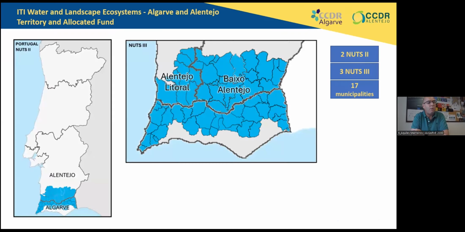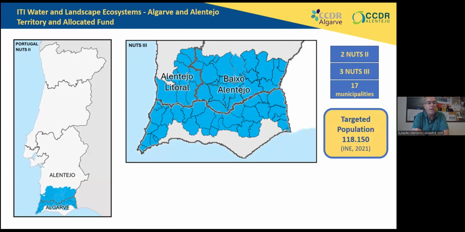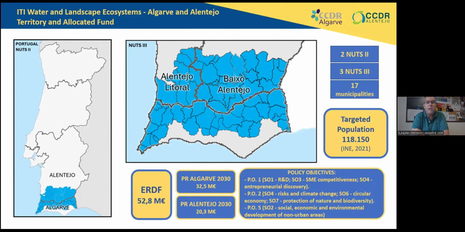We are in the south of Portugal, and our intervention area covers 17 municipalities in two different regions, with a target population of over 100,000 inhabitants. The allocation we have for the ITI is over 52 million euros from both regional programs of Algarve and Alentejo, and we cover different policy objectives in PO1, PO2, and PO5 in a comprehensive way.